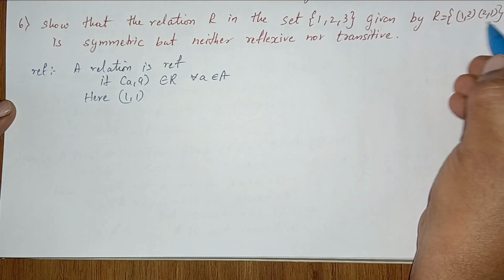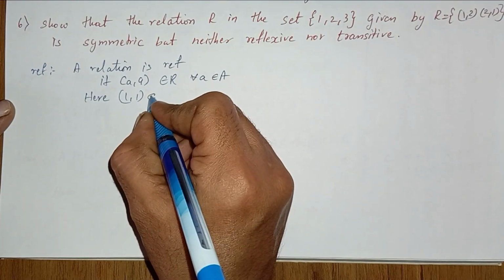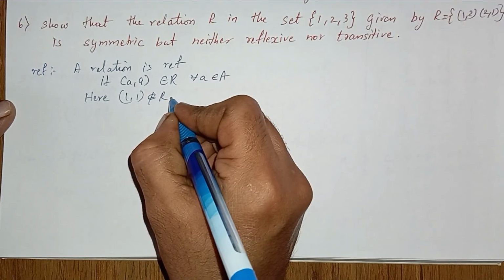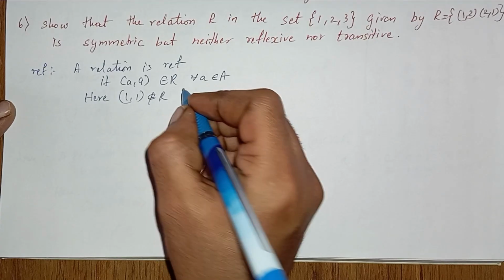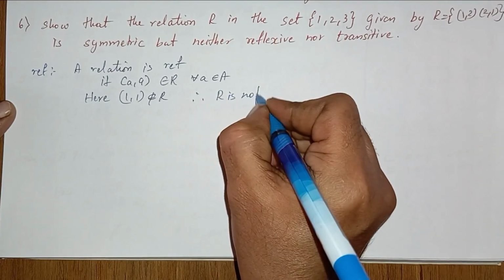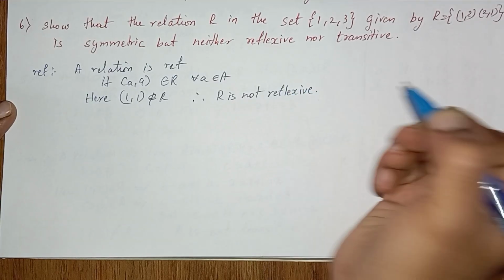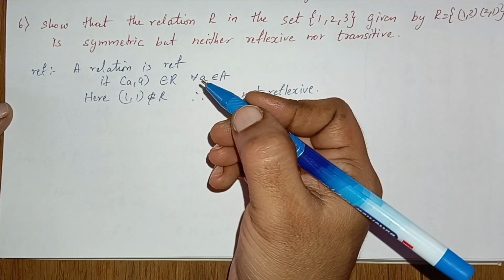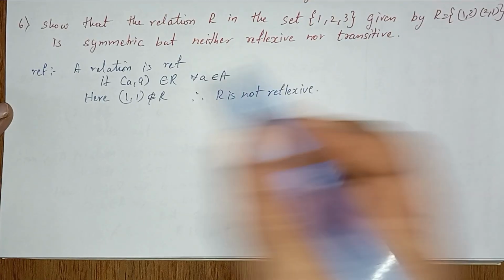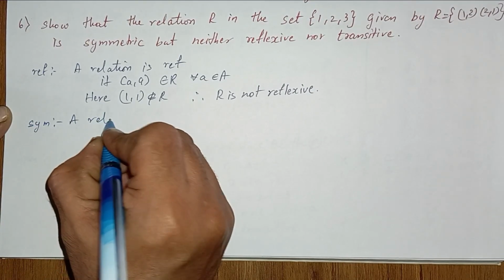Does (1, 1) belong to the relation here? No, it is not there. So (1, 1) does not belong to the relation. Therefore R is not reflexive. Now we'll check for symmetry.